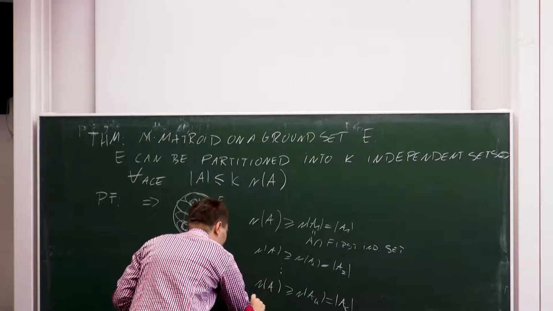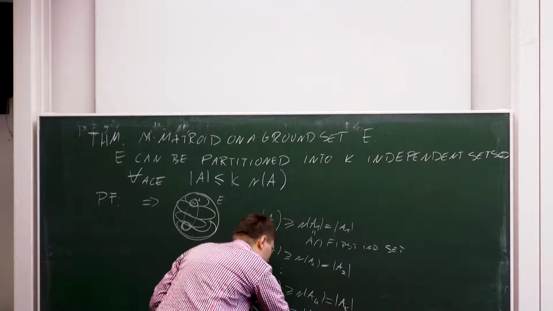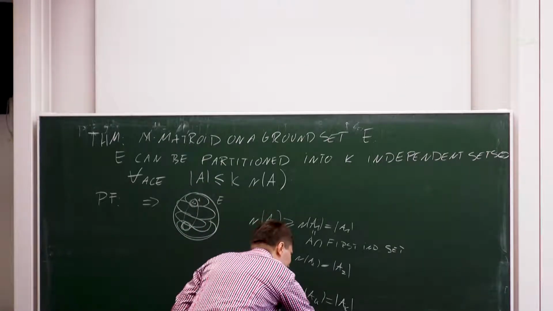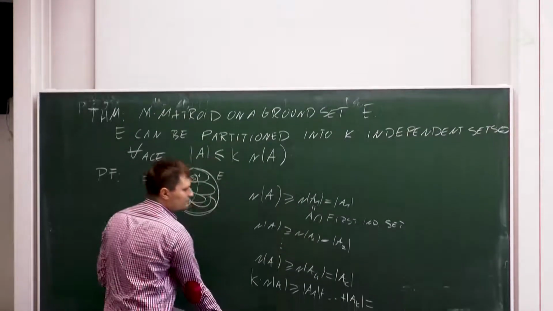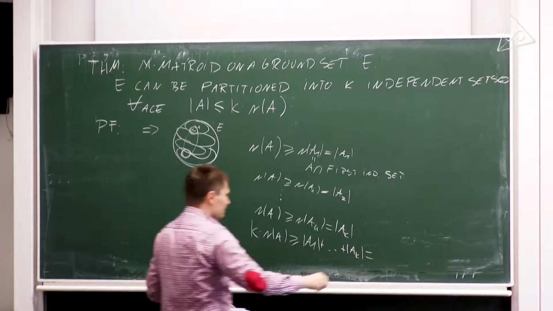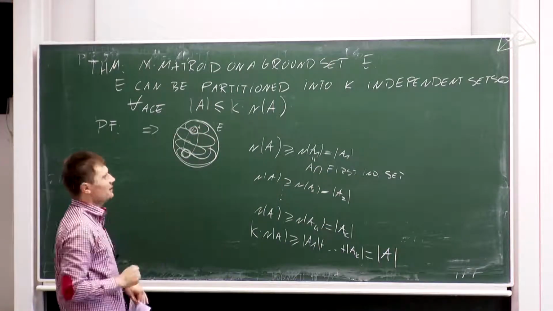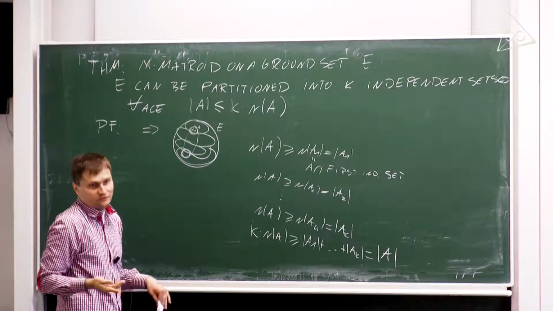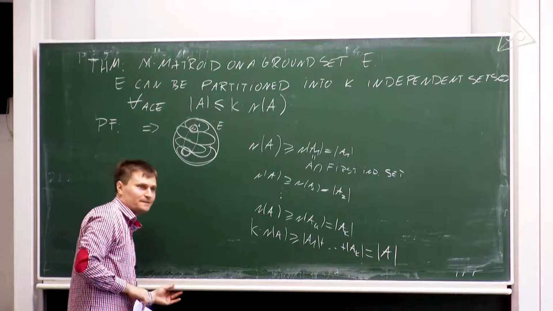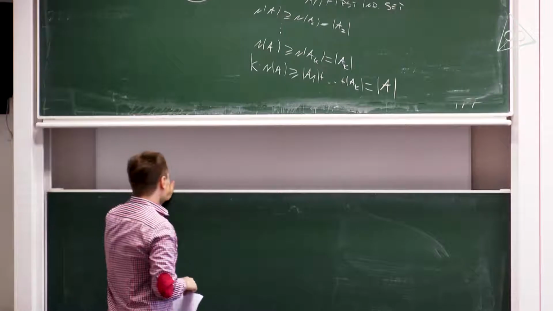What do we get? k times the rank of A is greater than or equal to the cardinality of A1 plus up to the cardinality of Ak. What is this? That's the cardinality of A, which is exactly the inequality we wanted. So this implication is obvious. Okay? Now we prove the second implication.